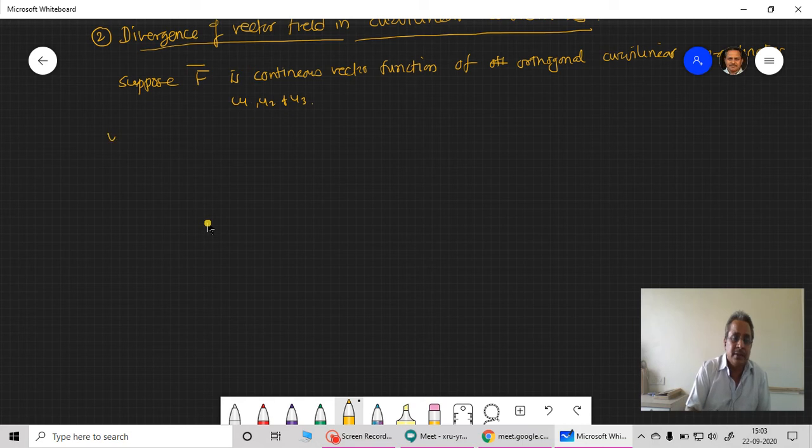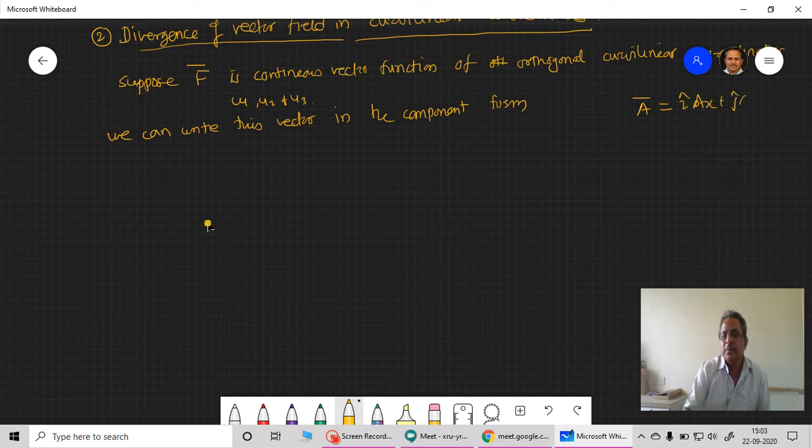We can write this vector in the component form. जैसे कि vector A bar in Cartesian coordinate system can be written as i Ax plus j Ay plus k Az. So here also in my curvilinear coordinate system, I can write this vector F bar like this.